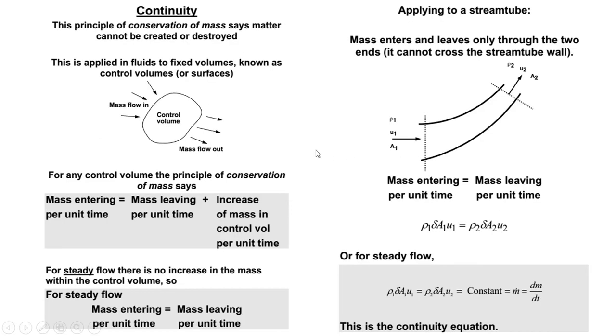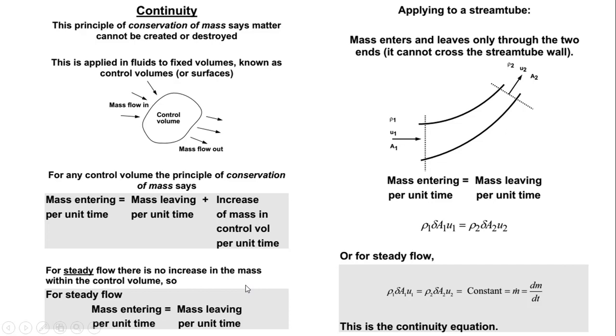Okay. So we'll come back again to that equation that we have looked at, which is Q is equal to A multiplied by velocity. One of the laws that we are going to use the most again is the continuity equation. The continuity equation is defined as the mass entering per unit time should be equal to the mass leaving per unit time plus the increase of mass in the control volume per unit time.